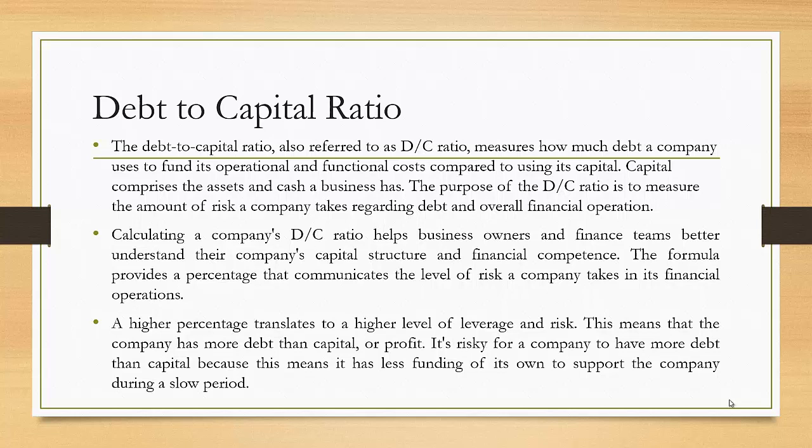Viewers, when we talk about debt to capital ratio, it is also referred to as D/C. In short, we can write debt to capital ratio. It measures how much debt a company is having.